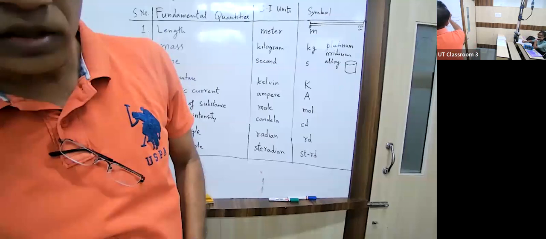A to C is 100 and another 100. So this will be 100 plus 100, equal to 200 meters. So in distance, we actually take into consideration the actual path traveled. So there are different scenarios we have seen.